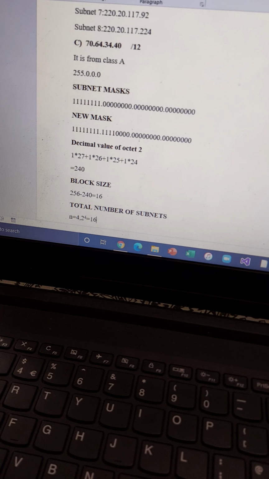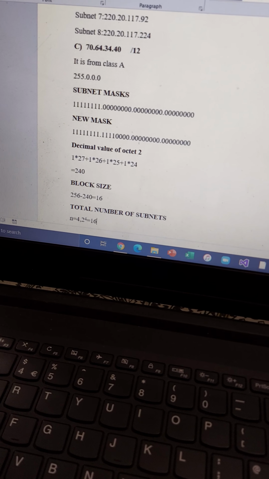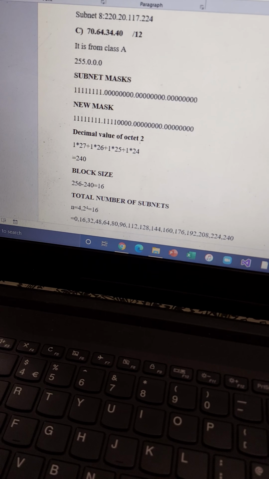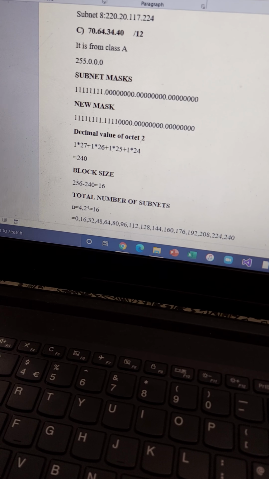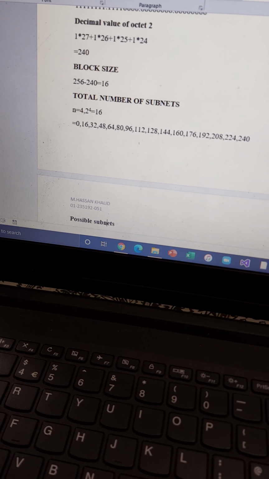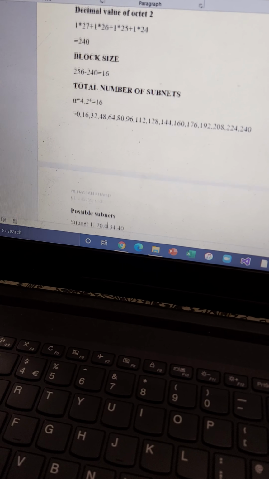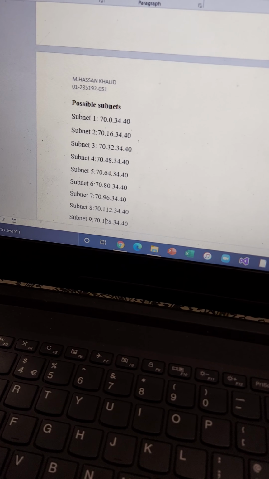Then, sir, we will find the block size, that is, we will subtract 240 from 256, and then we will calculate the total number of subnets by the formula 2 raised to power 4 is equal to 16, and then, sir, we will get 16 values. Then, sir, we will calculate all possible subnets.